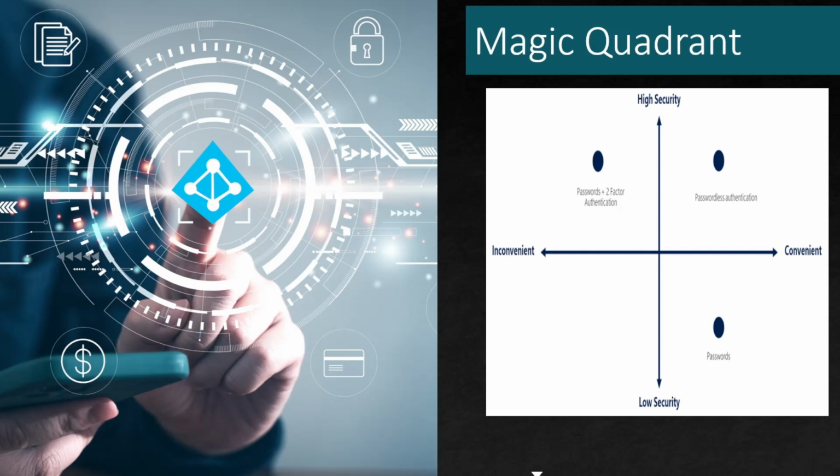Now, by eliminating the need for complex passwords, it mitigates the risk of breaches stemming from password issues. Conversely, it is important that the authentication method is sufficiently secure to thwart unauthorized access. So Entra ID's passwordless solution is designed with user friendliness, seamless integration, and adherence to stringent security standards in mind, ensuring a secure and a smooth user experience.